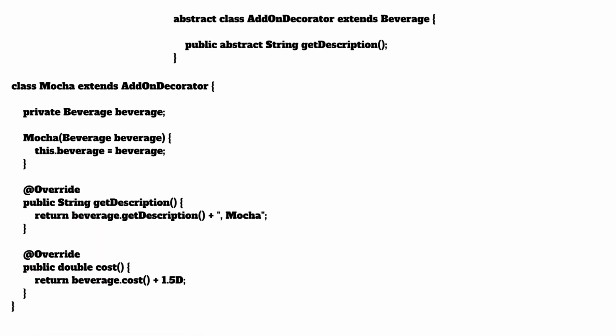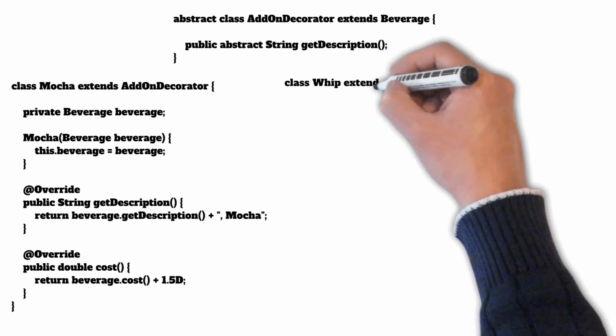So it will get the original cost of the coffee from the private beverage reference which it holds. So it will get the cost and add its additional cost to the original cost, which will be updated in the original beverage reference.